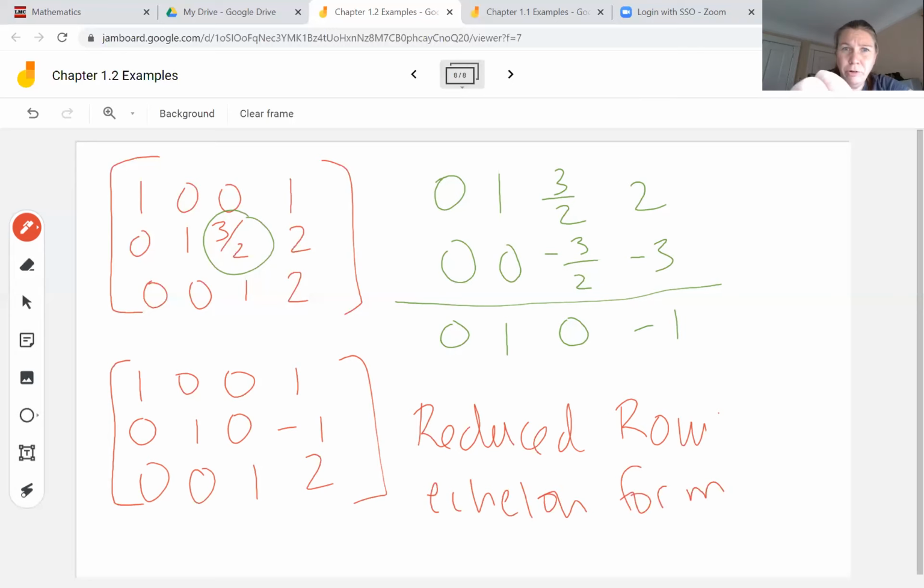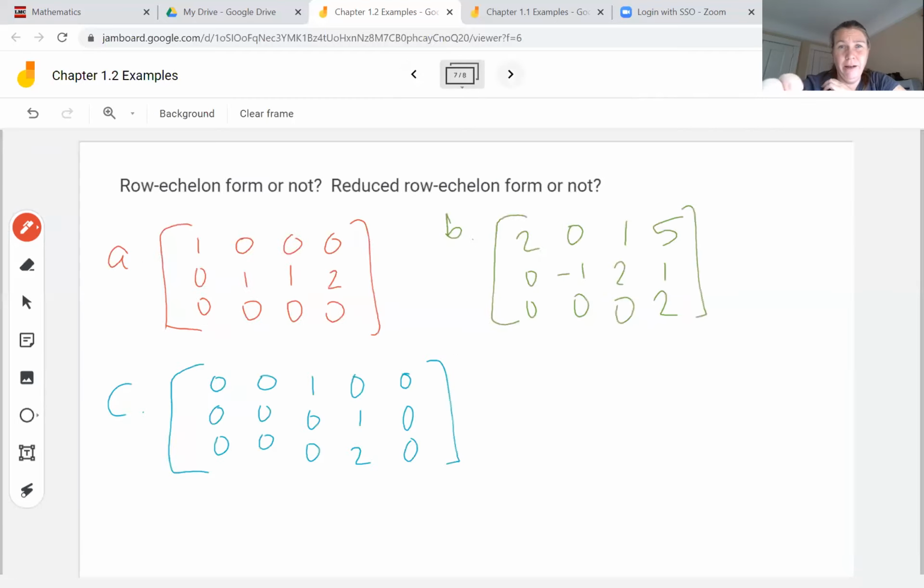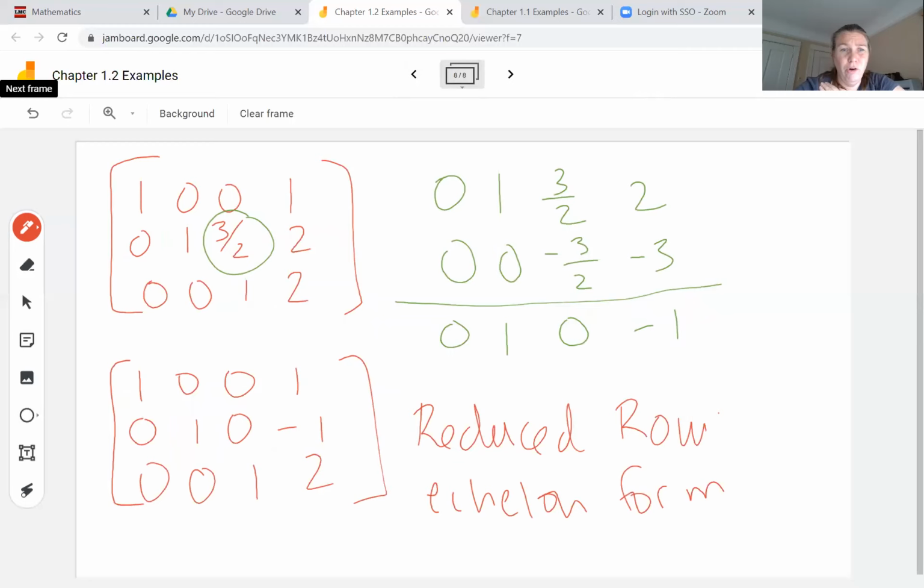So let's go back to this slide I have here and talk about when a matrix is in row echelon form and when a matrix is in reduced row echelon form. As I said earlier in the previous video, a matrix is in row echelon form when any rows consisting entirely of zeros are at the bottom of the matrix. If we look over at this matrix, there are no rows that are entirely zero.